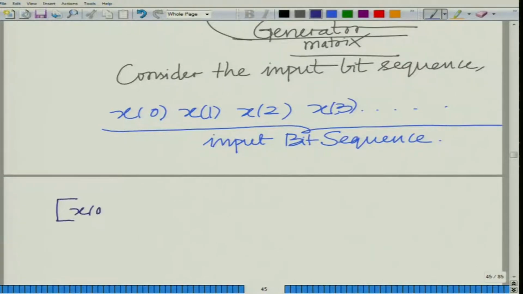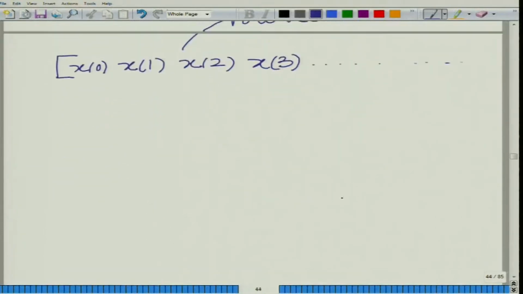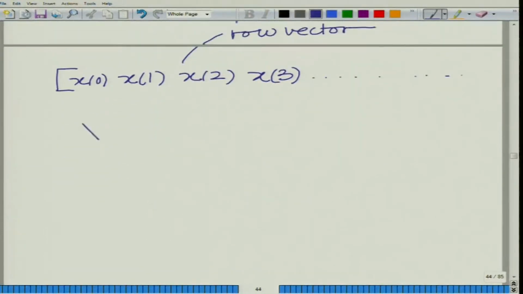So, I am going to write this as x0, x1, okay. We are writing this as a row vector. Now, I want to multiply this by a matrix to generate the convolutional code.